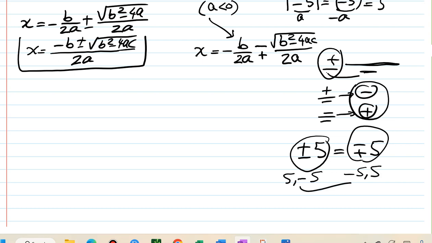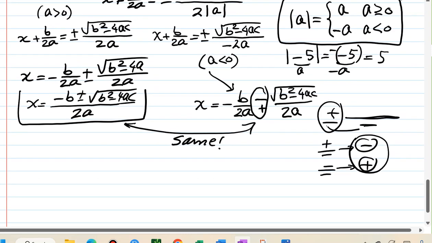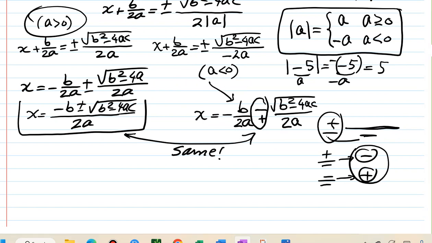So they're the same. Isn't that cool? It's playing around with plus minuses here. So, as a result, I can rewrite minus plus as plus minus. And when we do, we get exactly the same thing. So these are really the same. And for that reason, quadratic formula works whether the coefficient on x squared is positive or negative. We use the same formula.